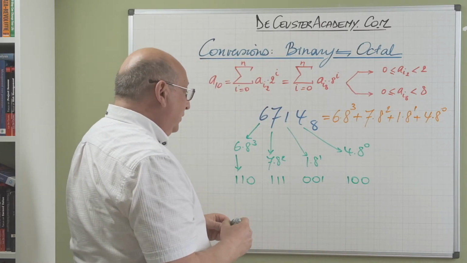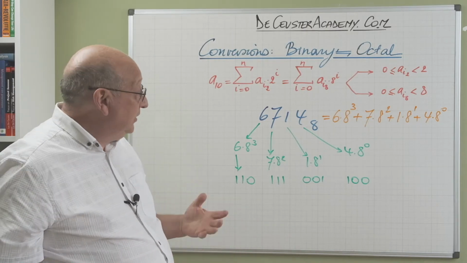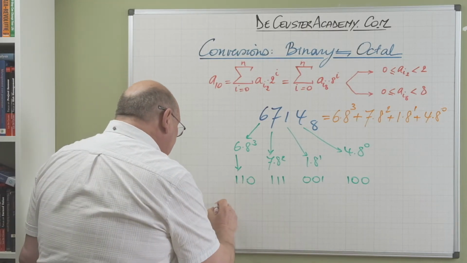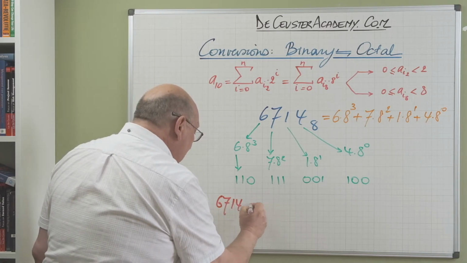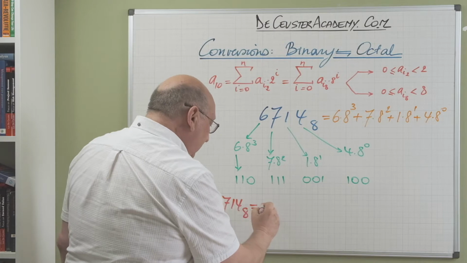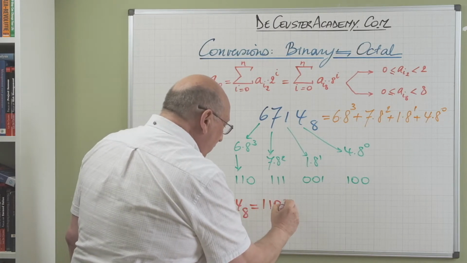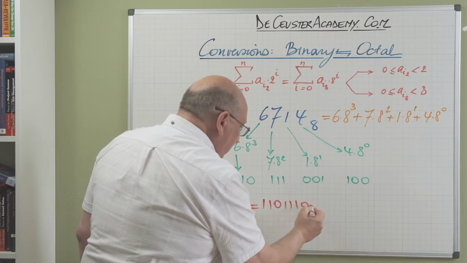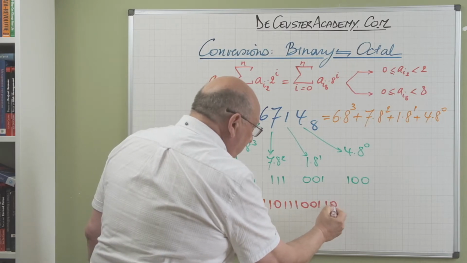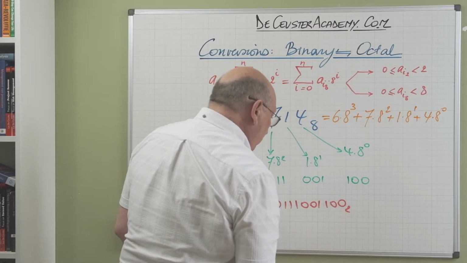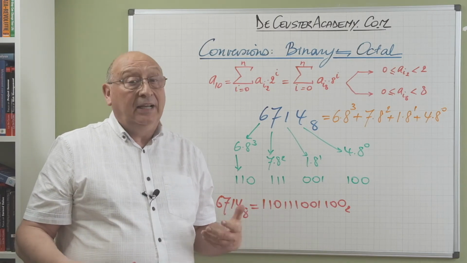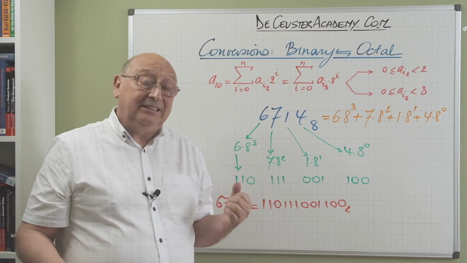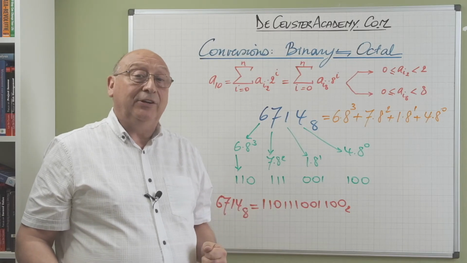So basically what we can say at the end of this exercise is that the octal number 6714 is equal to the binary number 110 111 001 100, and we don't forget the indication that this is base 2, that this is indeed a binary number.